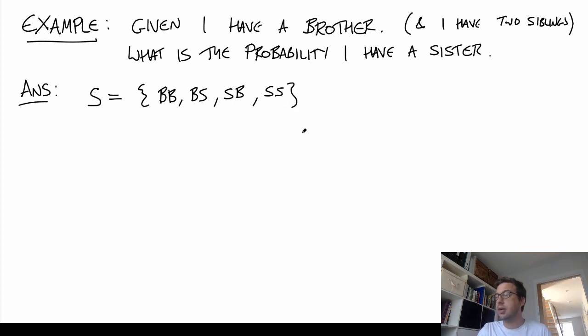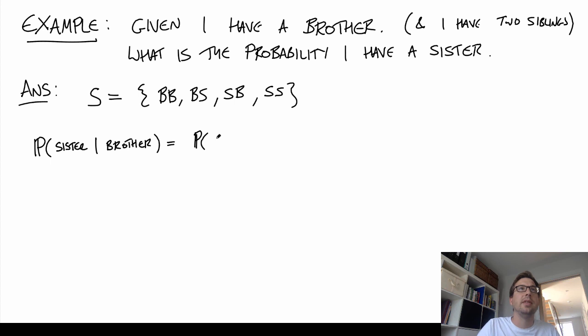And we want to calculate the probability of a sister given I have a brother. So what we're looking at is the probability of a sister and a brother, given the probability I have a brother.